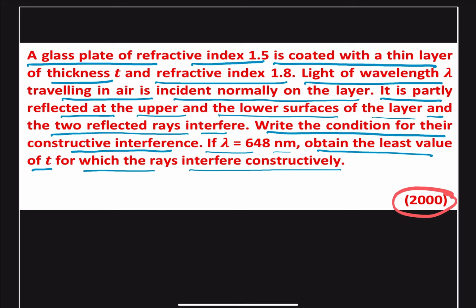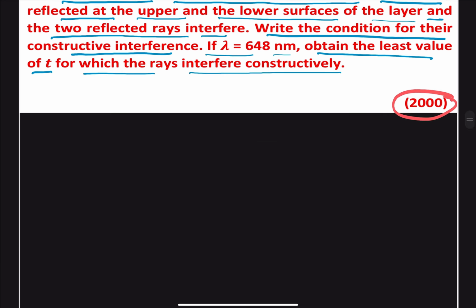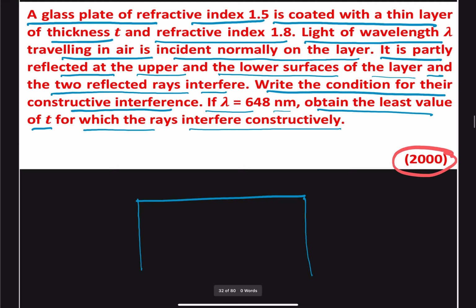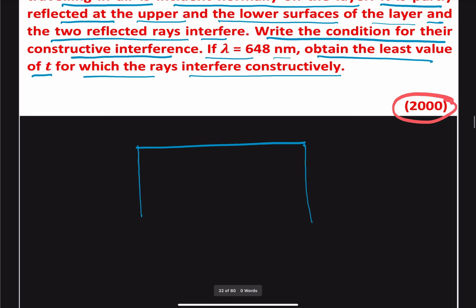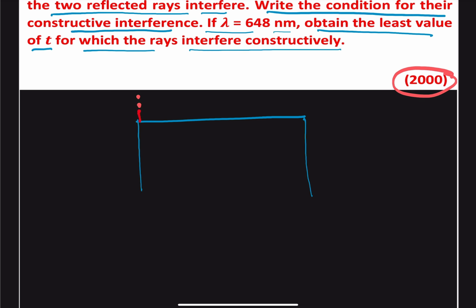So we are given a glass plate, and we can just draw an approximate figure for that. We have a glass plate, and above the glass plate a thin layer is coated.